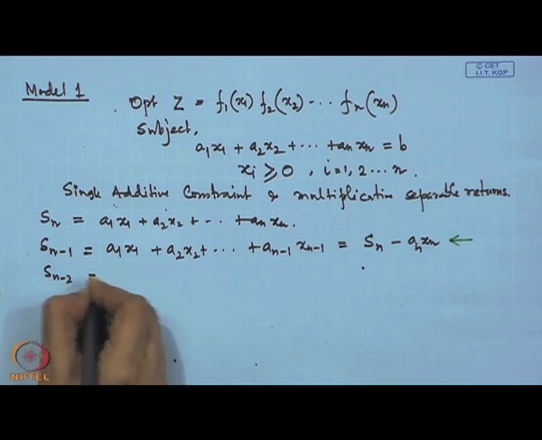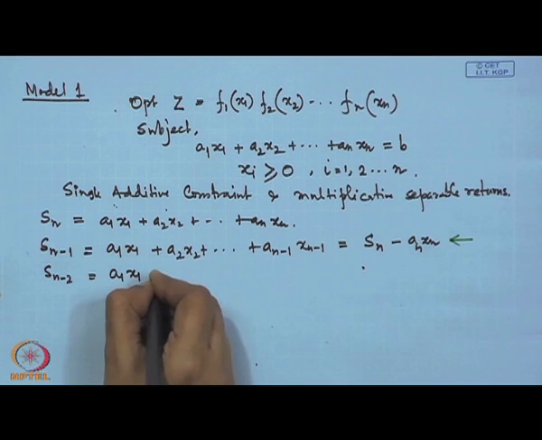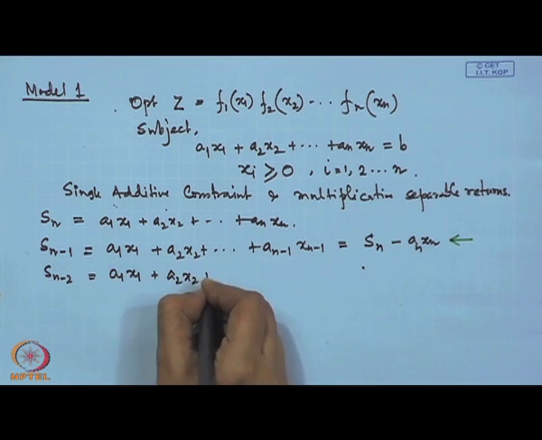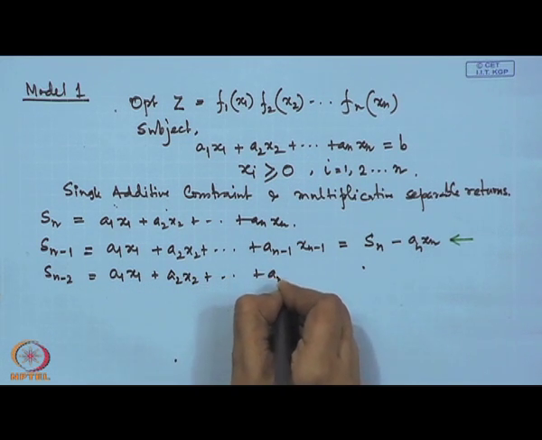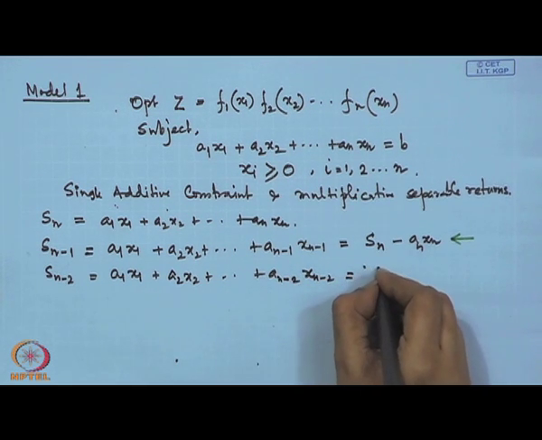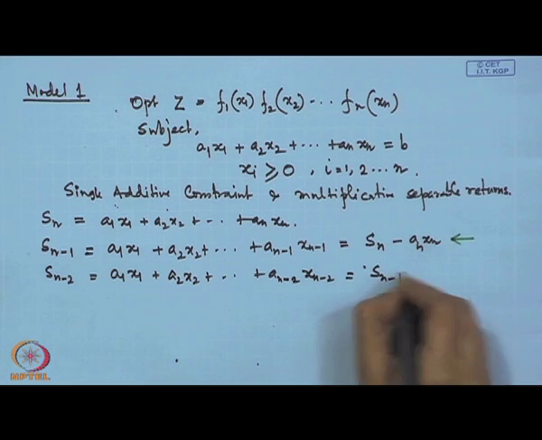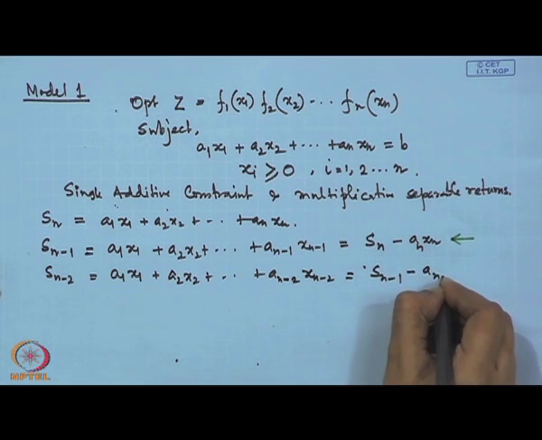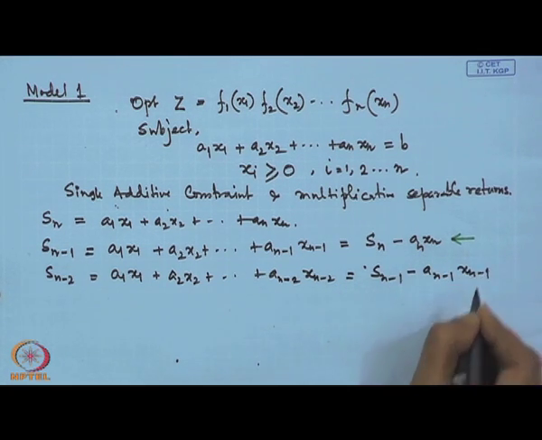Sn minus 2 is equal to a1 x1 plus a2 x2 up to an minus 2 xn minus 2. Certainly again the state transformation equation is Sn minus 1 minus an minus 1 xn minus 1.